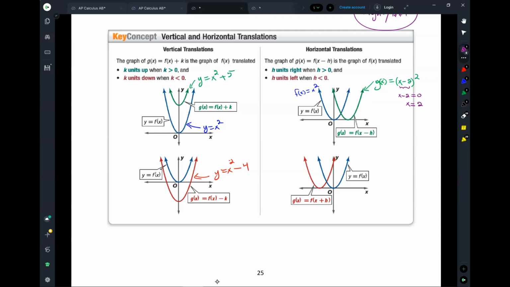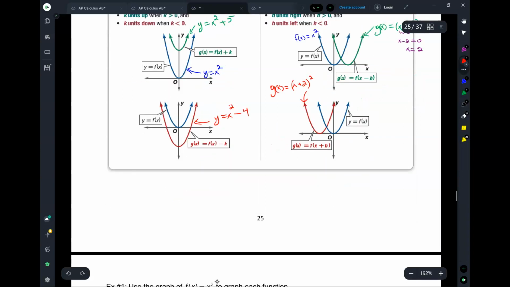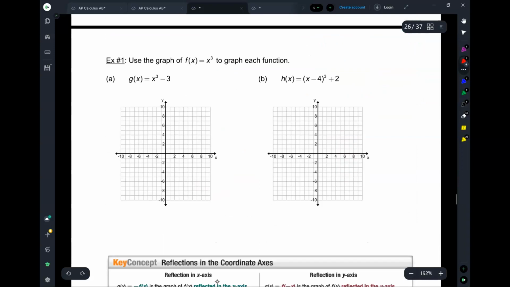That means it moved in the positive direction, 2 units. It's inverted or reverse. It's h. So tell me an appropriate function for this one. x plus 2 squared. Yay.